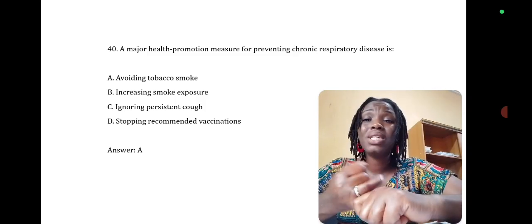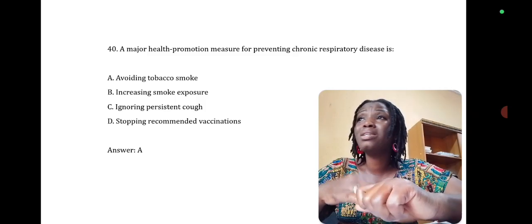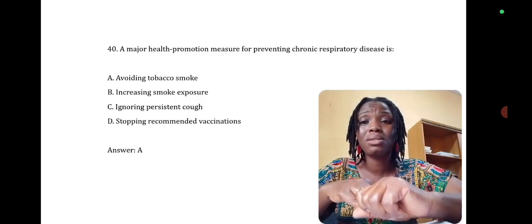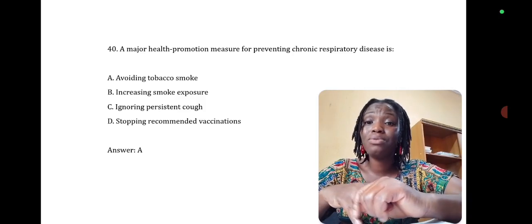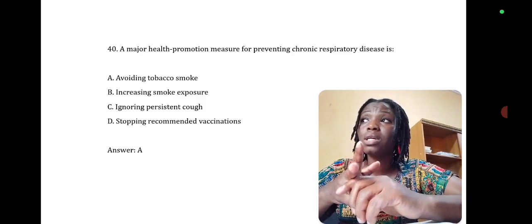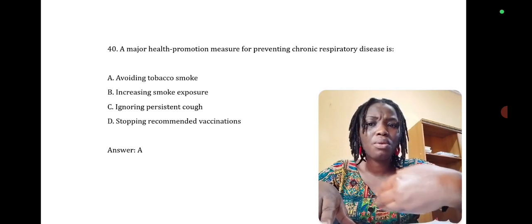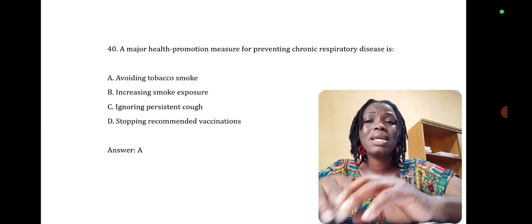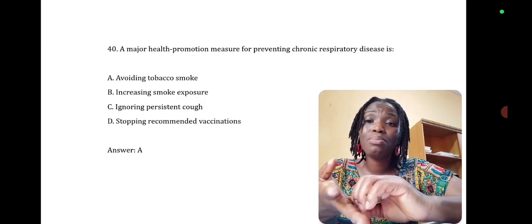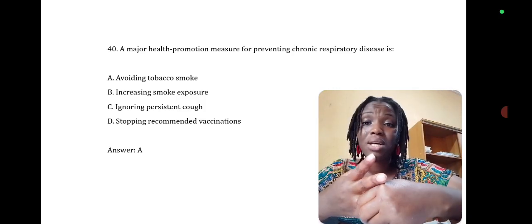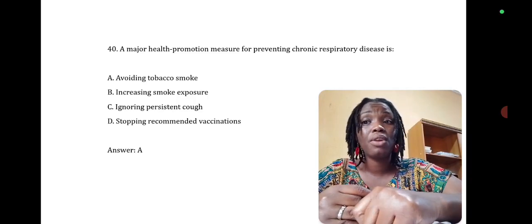Where they are burning bushes or wastes, always put on your mask. Even people who work in abattoirs that smoke the animals, because they remove the skin. All those places where there is bad smoke, you should try to avoid them. Avoid tobacco and all the smokable things. If you can avoid that, you will help your respiratory system in a very long way.